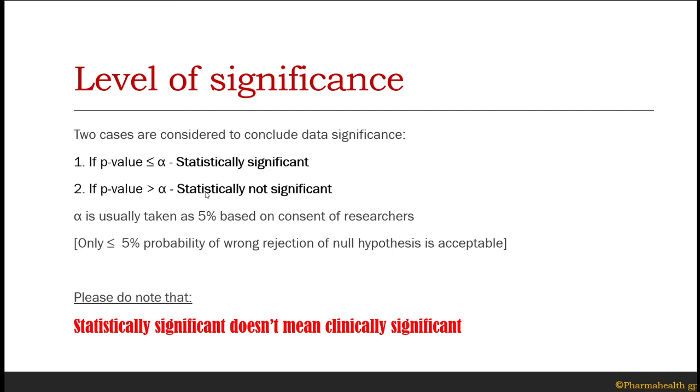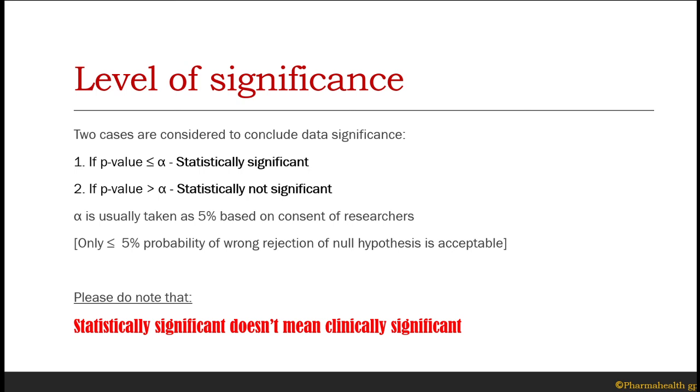So if we consider this threshold, if the p-value is less than or equal to alpha, that means it is statistically significant. If the p-value is more than alpha, it means that it is not statistically significant. Although the effect size is good enough, it would not be considered a statistically significant difference.